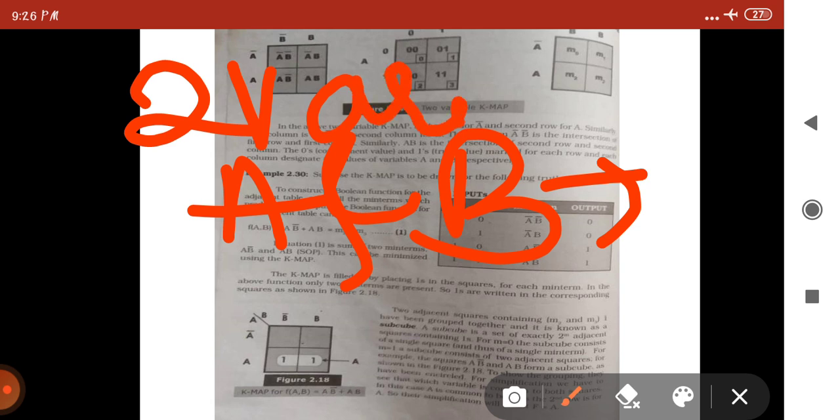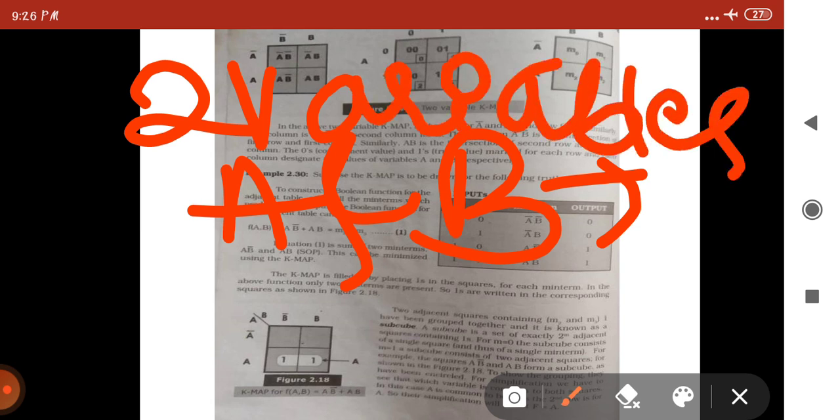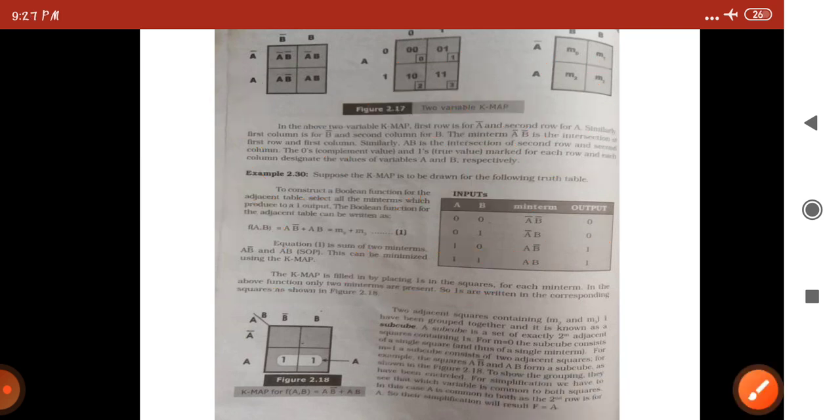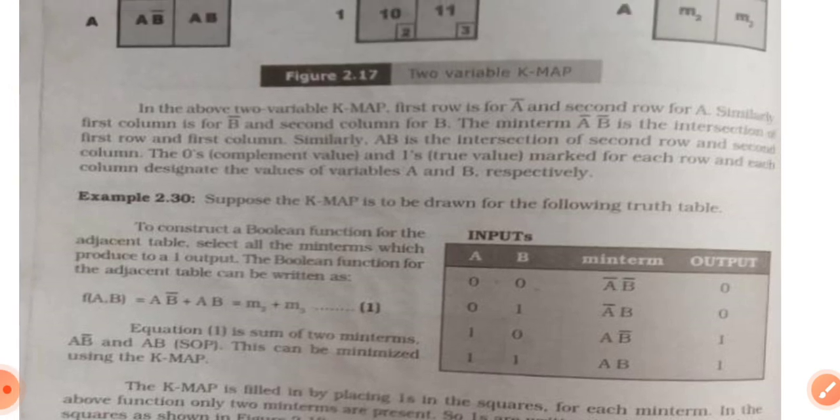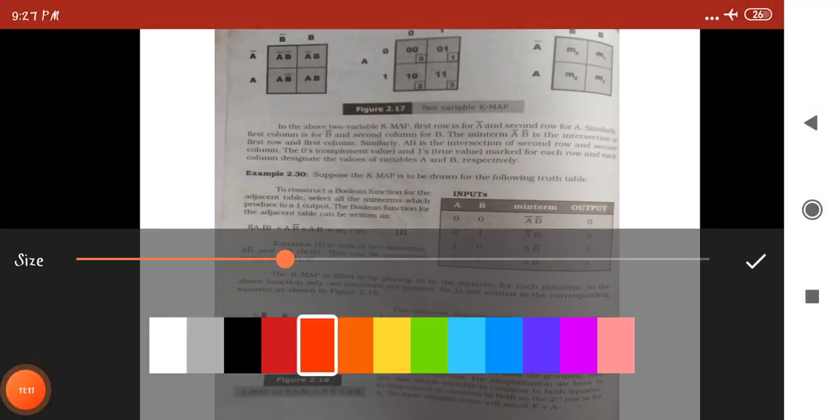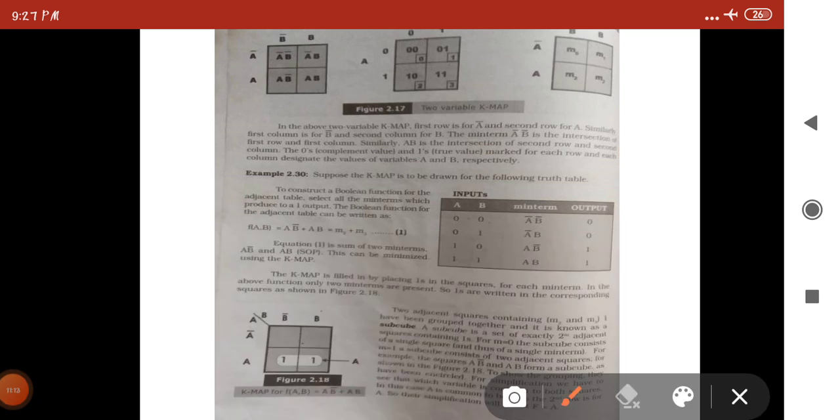In the previous session, we did only one variable, A. Now A and B are the two variables of the K map. Let us see how to do that. Can we use the truth table for that? How can we use the K map for that?